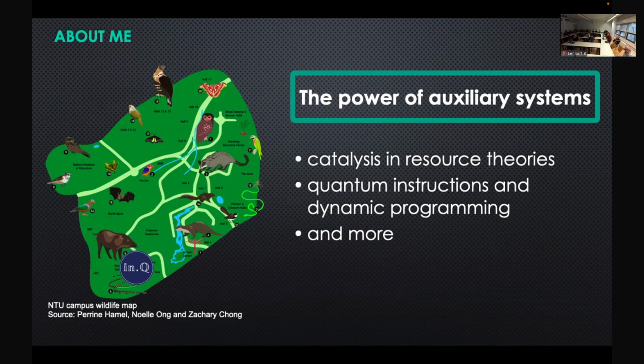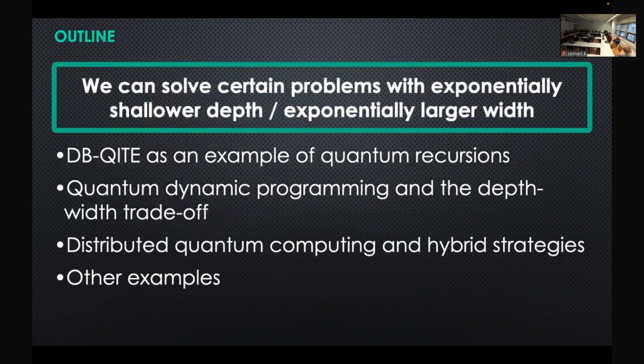For example, I'm discussing with Julian and Nathan on doing this on optical settings, and I'm also interested in this circuit complexity business that I believe your group is also doing. So please approach me for discussion.